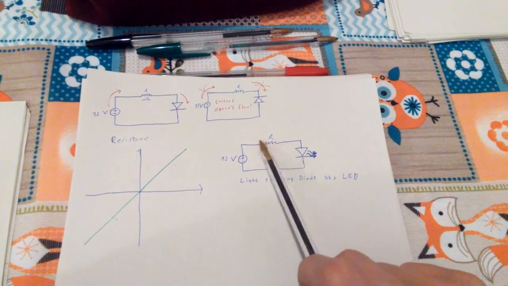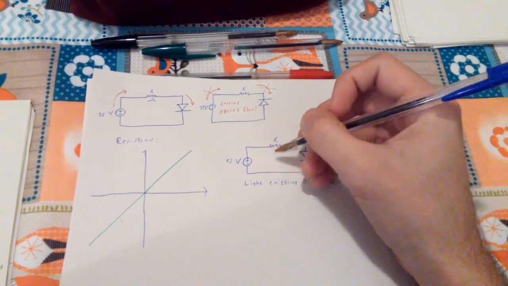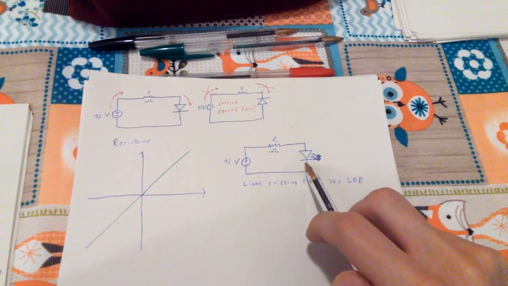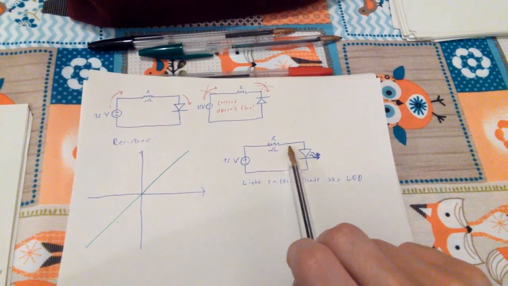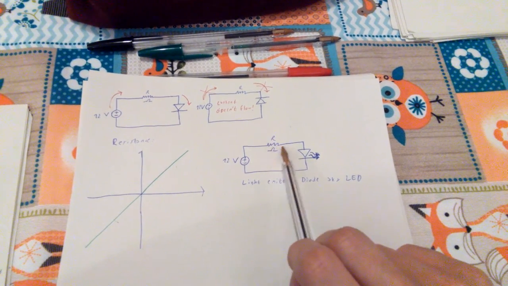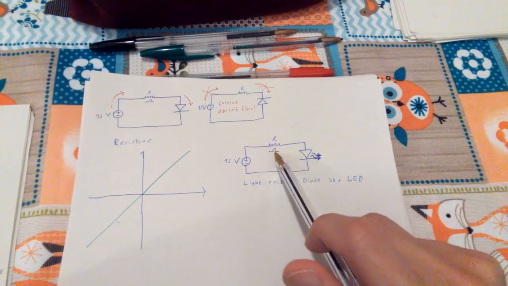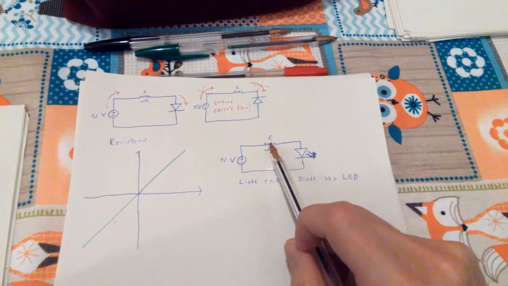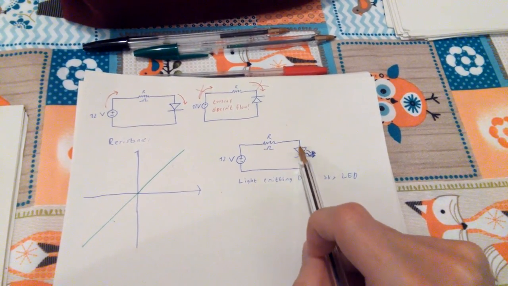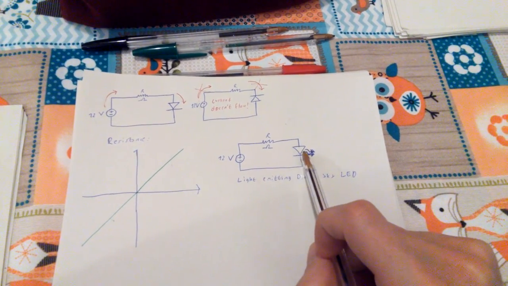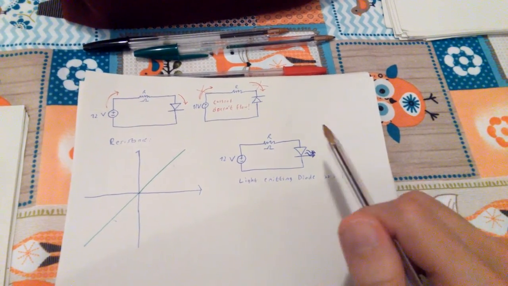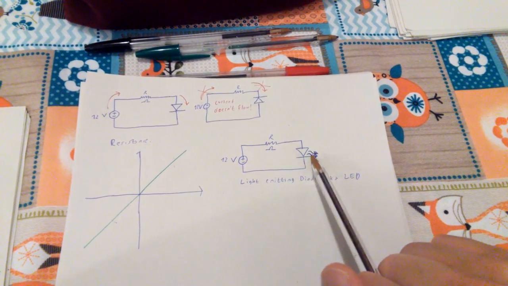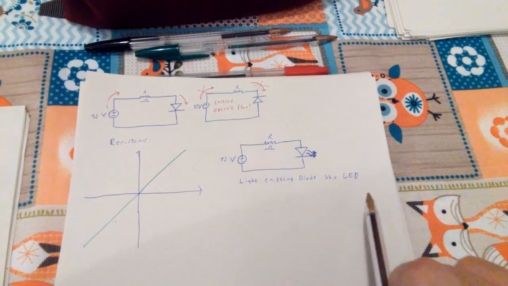So you want a resistor of a certain amount of ohms in order to prevent that. The current flows through here into the resistor, a little is dissipated as heat because of the Joule effect, and then the current flows to the diode, which emits light, visible photons. So whenever you see this, it's a light emitting diode, an LED.